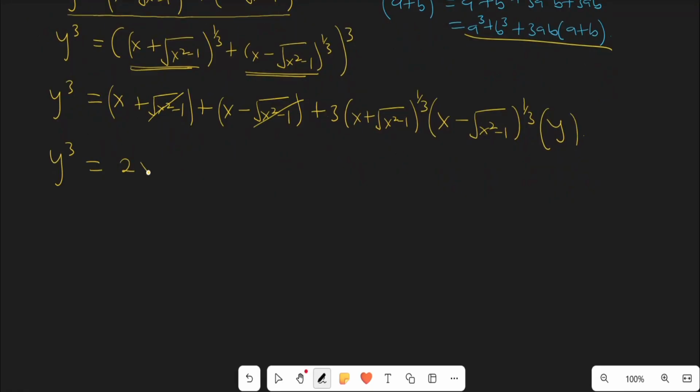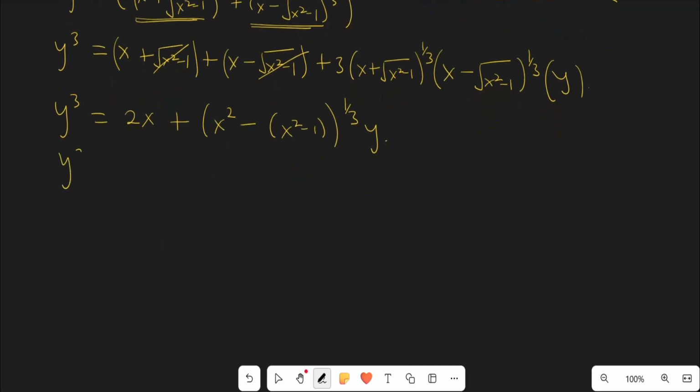We are left with 2x, that is x plus x, and then plus these terms. Because they're all to the same power 1/3, I am going to multiply the terms in the cube root as a difference of two squares. That is x squared minus the square of this guy, which is x squared minus 1, all raised to the power 1/3, times y.